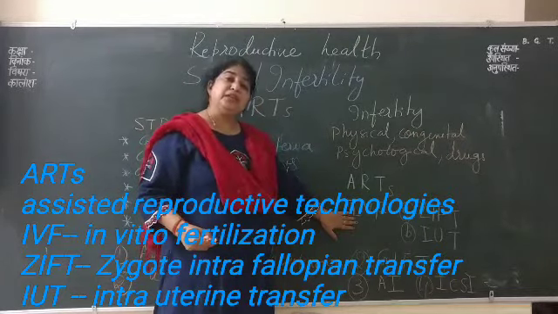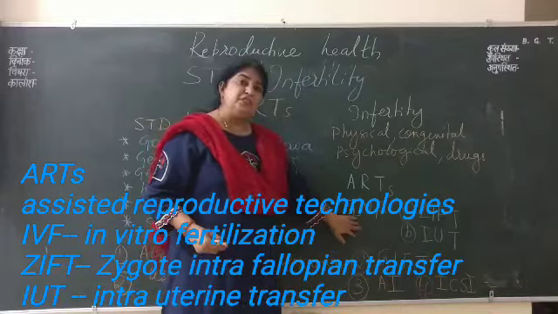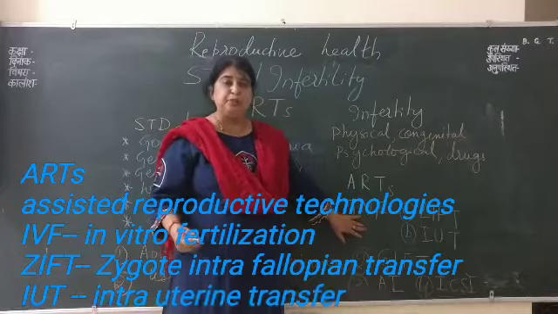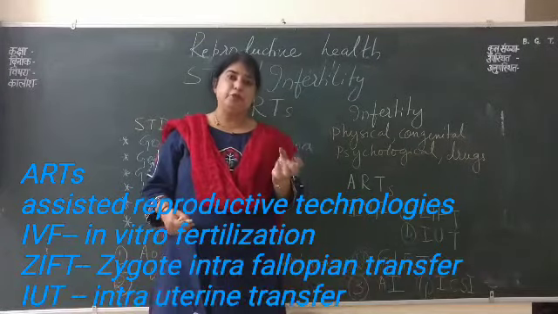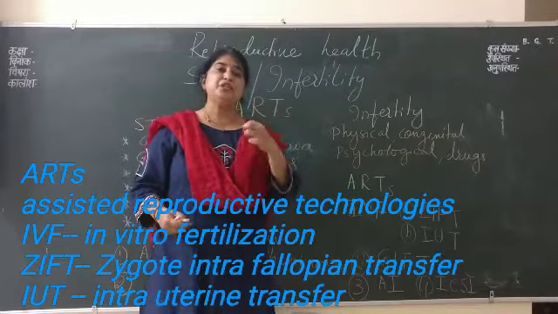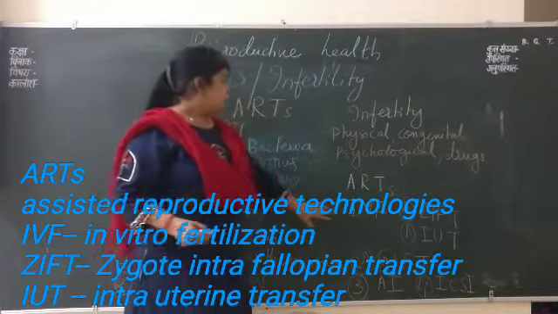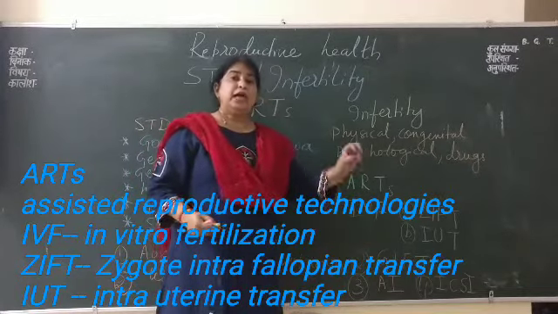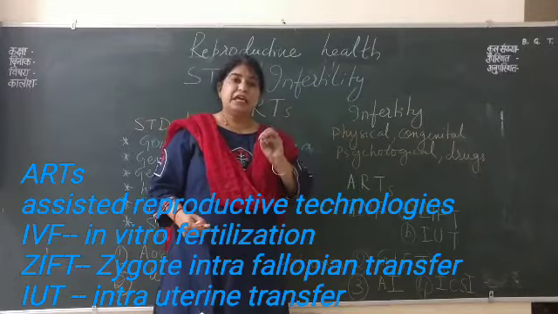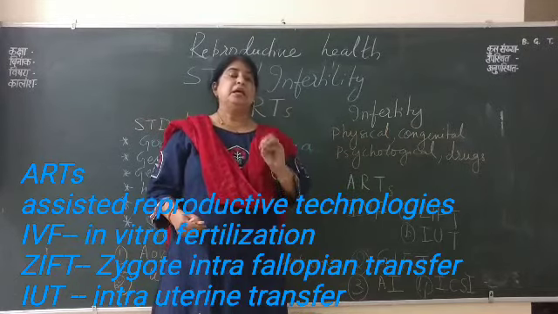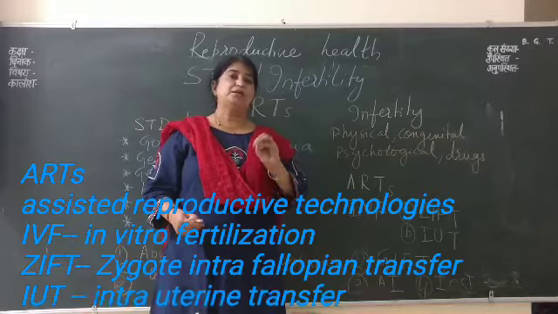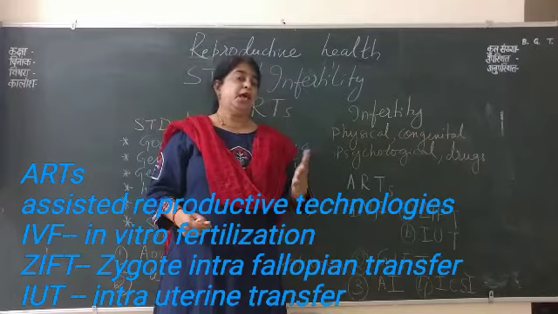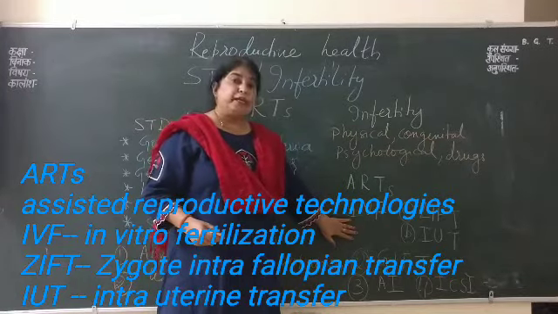In this technique, the problem may be due to obstruction in the fallopian tube. When there is obstruction in the fallopian tube, fertilization cannot take place. So in this technique, fertilization is done outside the body in the same conditions as the body.